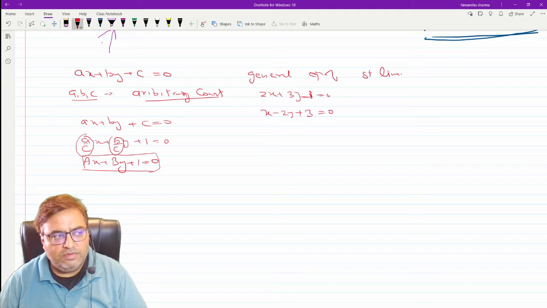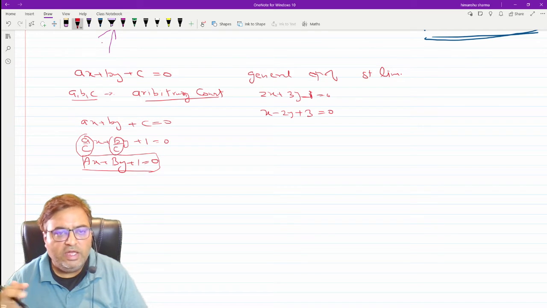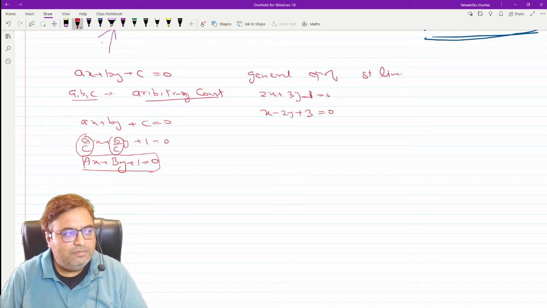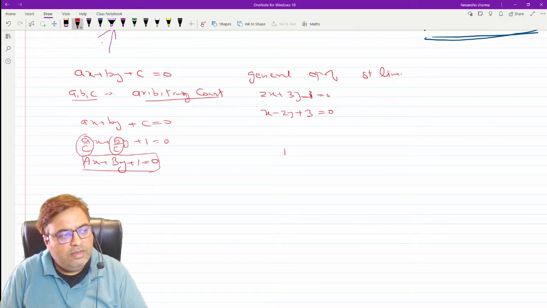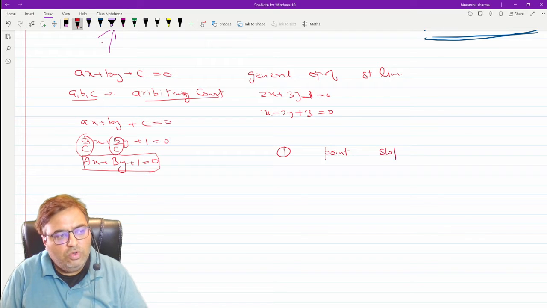There are different forms of straight lines, and what are they? We will look at those forms of line one by one. In every form you will see that there are 2 different pieces of information, and those will give you the equation of straight line. Okay, so the first one which comes is called the point slope form.